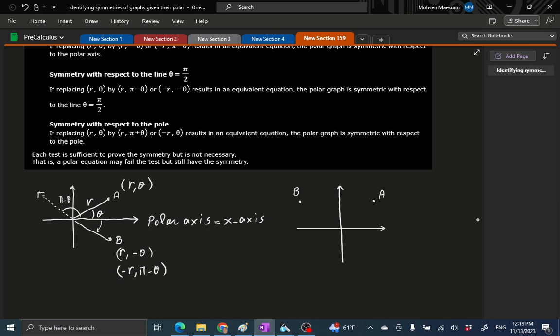As usual, we say that this one has coordinate r and theta. Easiest way to go to point B is to draw this axis, which is at the angle pi minus theta. Go by distance r on that axis. So r and pi minus theta brings us to point B.